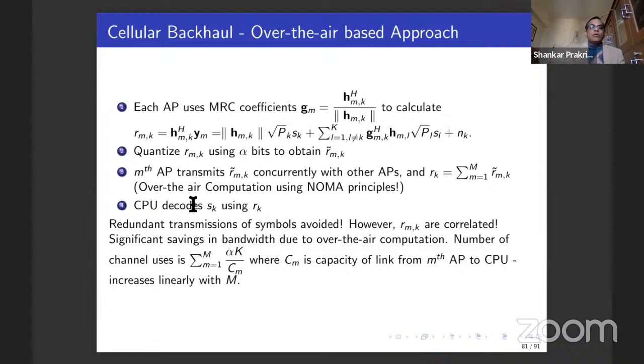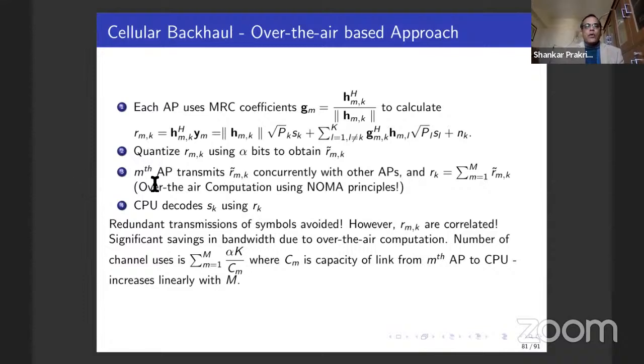That means you understand this step of the signal. Suppose you don't quantize, then you're getting r_mk. This one has an s_k component dominating, the other one, and so on. So you'll have various users dominating. So for each user, you're transmitting the uplink. So just using K transmissions, you are able to transmit to the central processing unit.